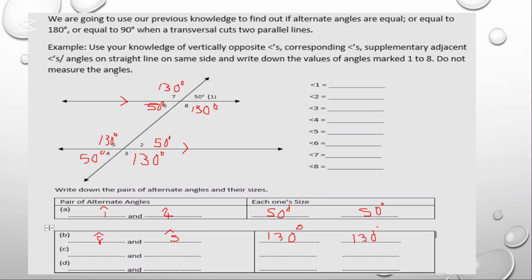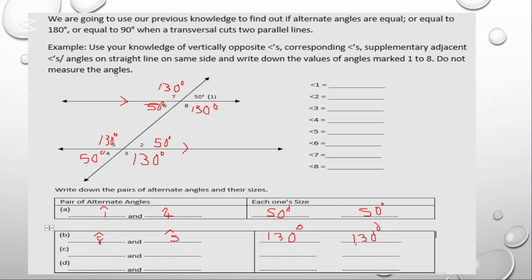Now on your own you can do the other two for me, but I notice already that when the lines are parallel, the alternate angles are equal. Look there. Angle 1 is 50 degrees, angle 4 is 50 degrees, so they are equal. Angle 8, 130 degrees, angle 5, 130 degrees, equal.